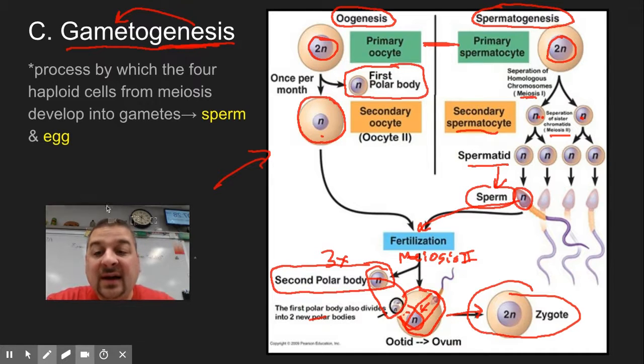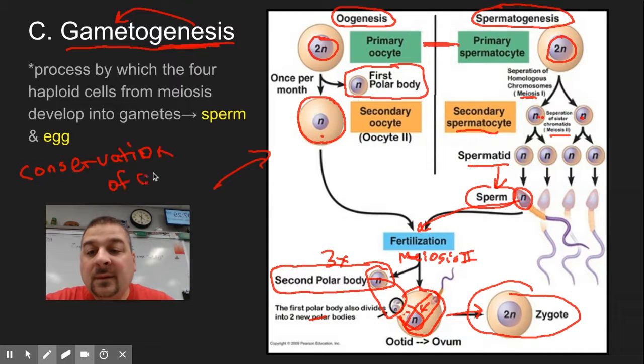Okay, this is called conservation of cytoplasm. Because it's this egg cell now, the sperm is just bringing the DNA from the father.